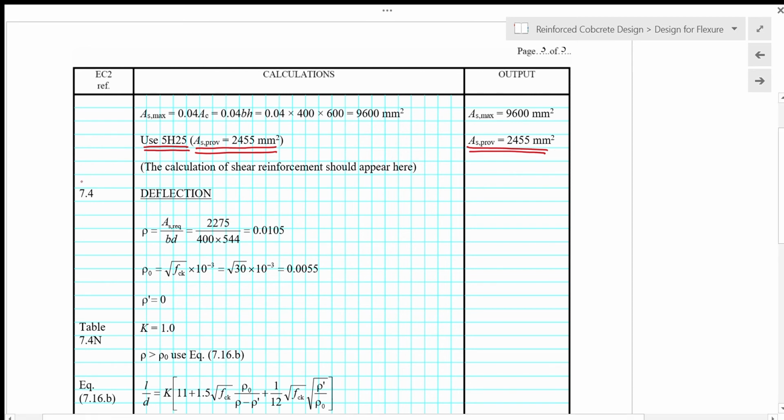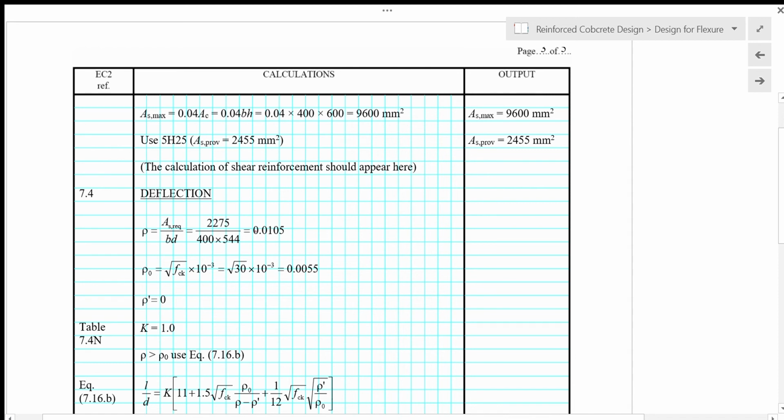And then according to Eurocode 2 section 7.4, we need to check for deflection. So to check for deflection, we need the value of rho. So rho is As required over bd. So As required as calculated just now is 2275, and then b is 400 and d is 544 mm.